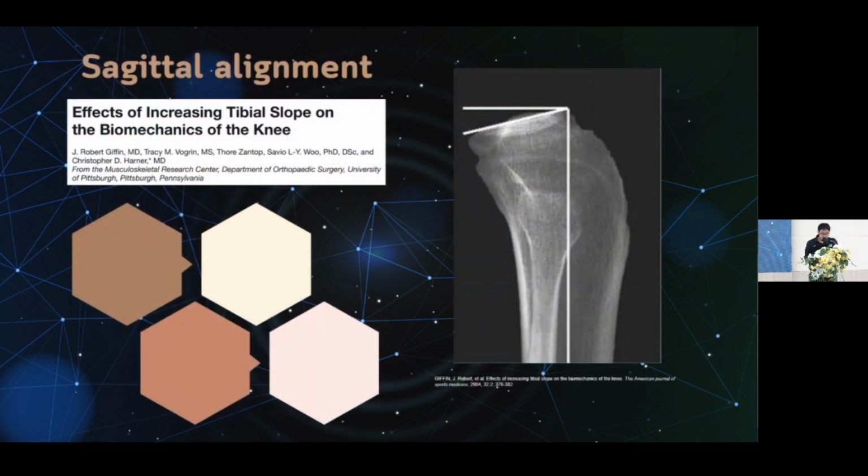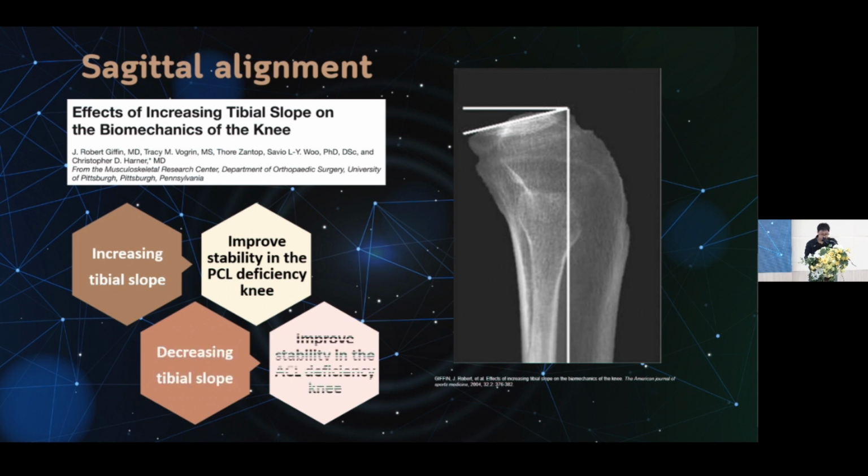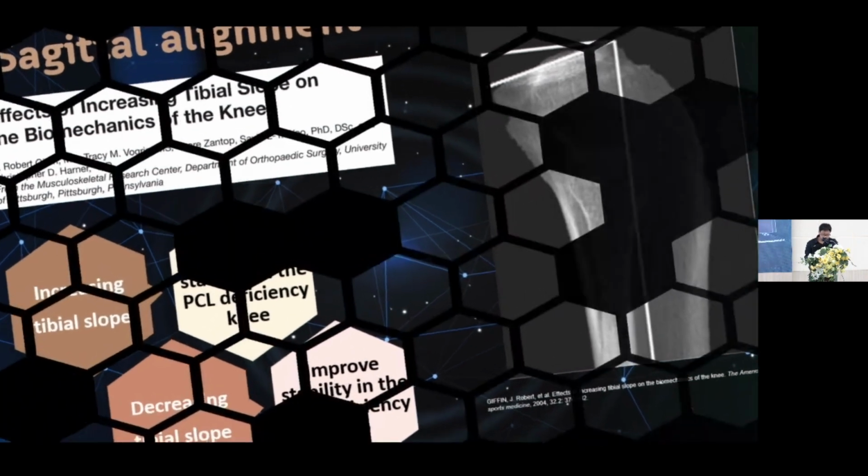A study by Robert Griffin on the effects of tibial slope on knee biomechanics found that increasing tibial slope improves stability in PCL-deficient knees, while decreasing tibial slope improves stability in ACL-deficient knees. This shows a direct relationship between posterior tibial slope and ACL tension.